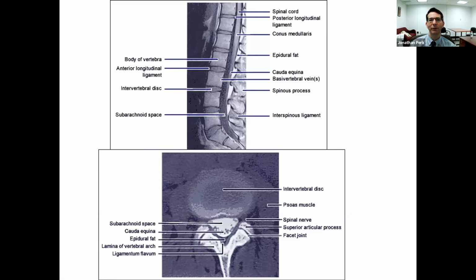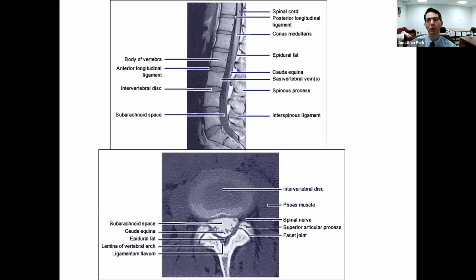This is a very important ligament because it holds everything in place. And in a moment we're going to talk about herniations. Most disc herniations can't go through this very strong ligament, so they go sideways, unless there's a major trauma that tears the posterior longitudinal ligament, and then we can have central herniations.